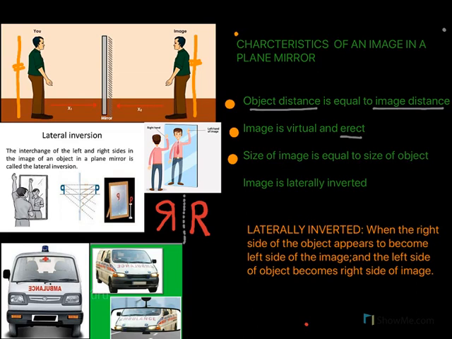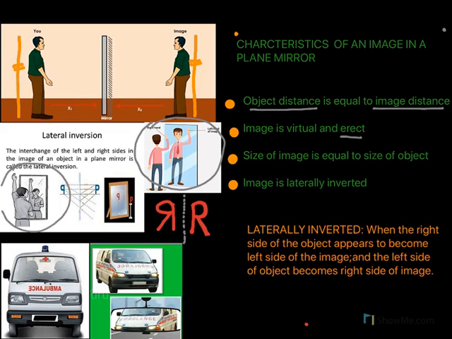And the image is laterally inverted. Now what is the meaning of laterally inverted? If you stand in front of the mirror and lift up your left hand, it appears like the right hand on the other side. So the left side of a person appears to be the right side of the image.